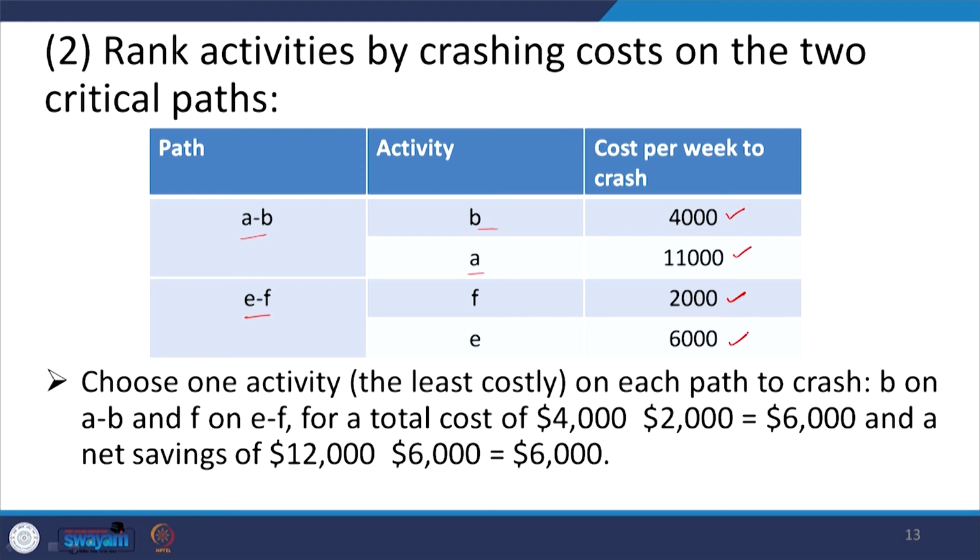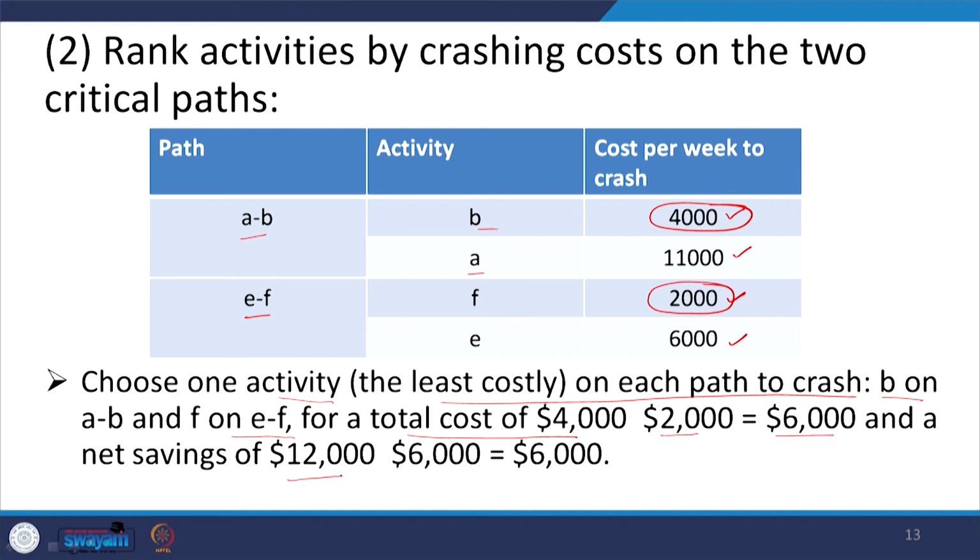Now, you can see how to choose one activity which is the least costly on each path to crash. Here the least costly is 4,000 and in the second case the least costly is 2,000, B on AB and F on EF, for a total cost of 4,000 and 2,000, that is 6,000.